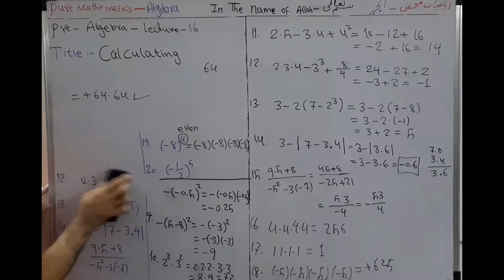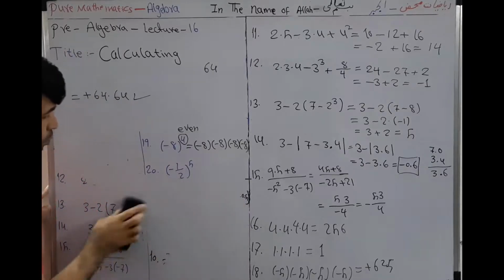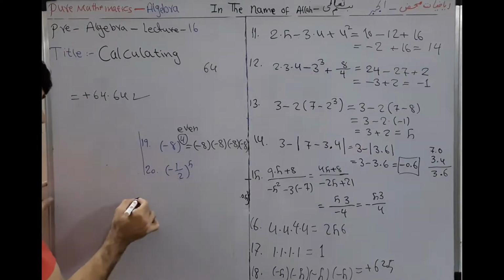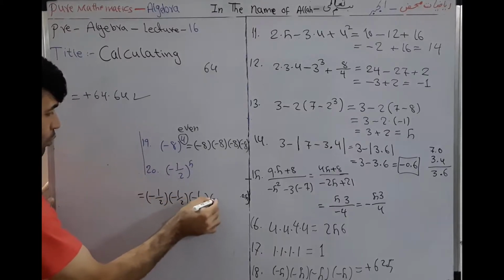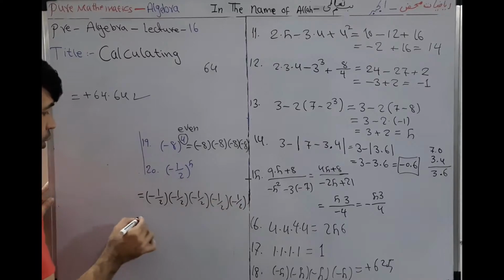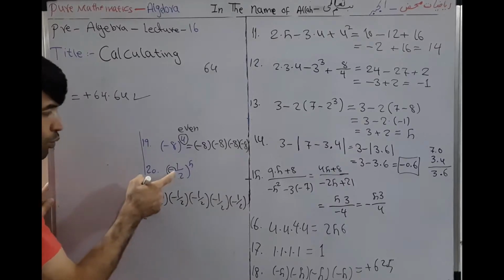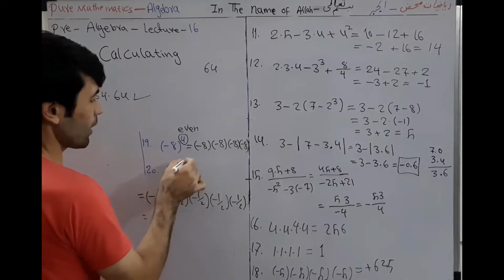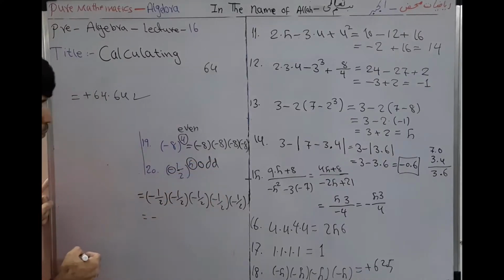Number 20: minus 1 by 2 multiplied 5 times. Then we get minus 1 by 2 into minus 1 by 2 into minus 1 by 2 into minus 1 by 2 into minus 1 by 2. Actually the base has a minus sign, and the exponent is an odd integer, therefore the result will become negative.